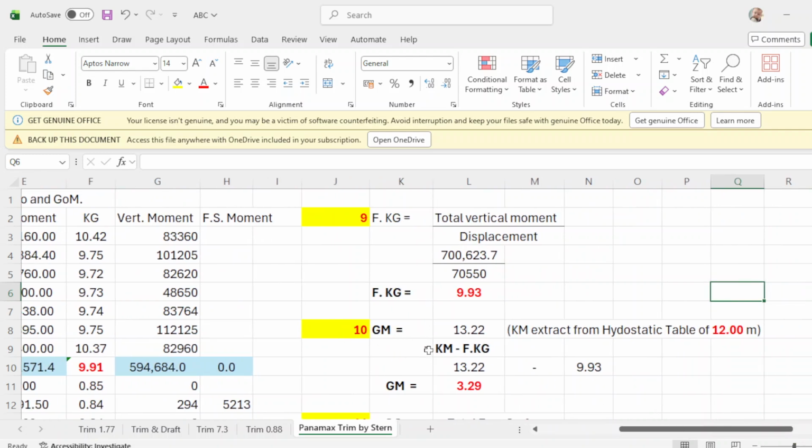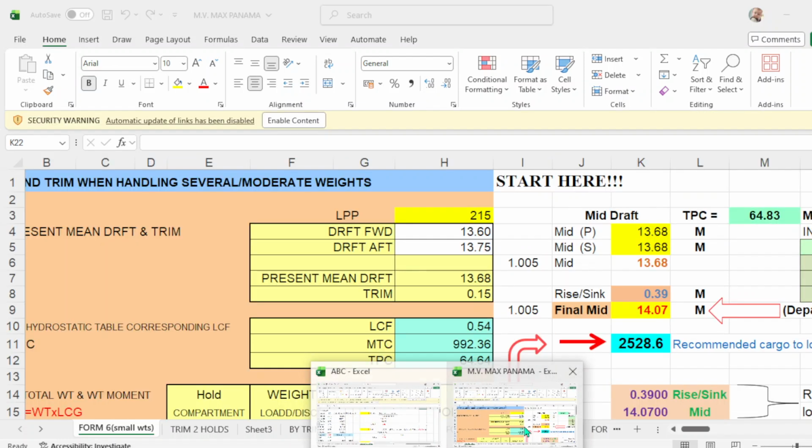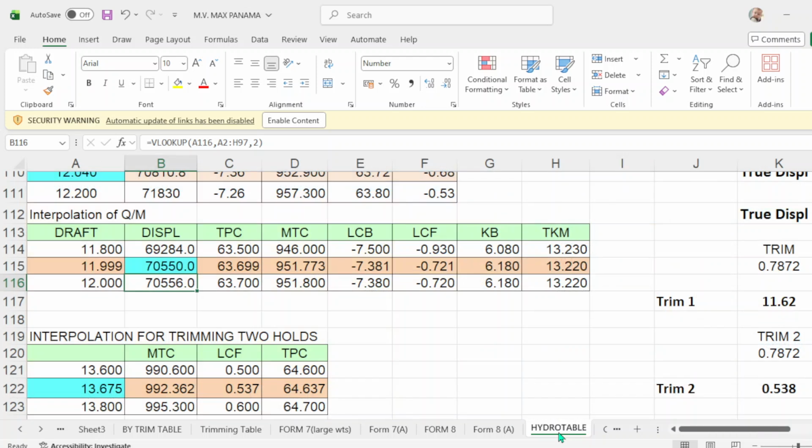First, you have to find the KM. With your draft of 12 meters, go to the hydrostatic table.